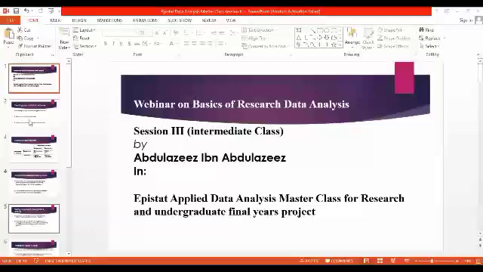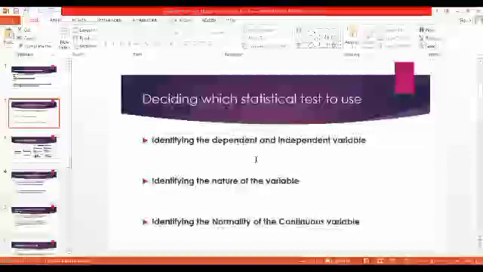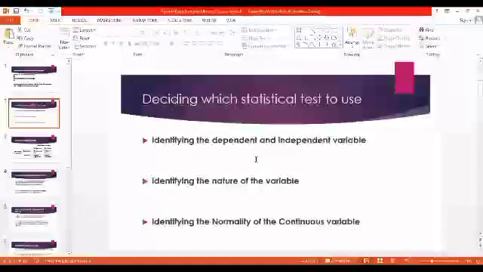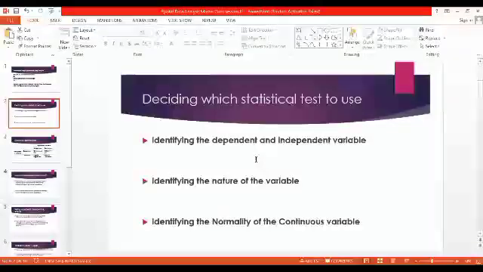This is how and what today's class will look like. We are going to be talking about how to decide which statistical tests to use during data analysis. We will achieve that by first identifying the independent and dependent variable.